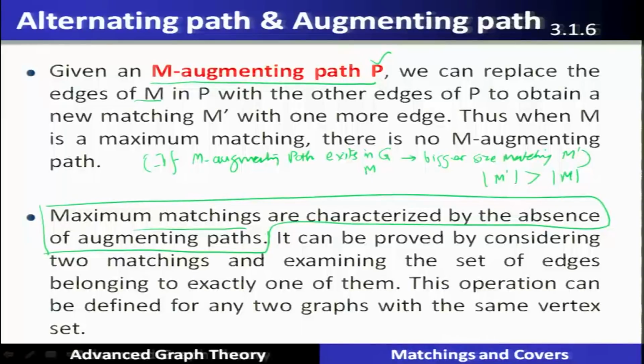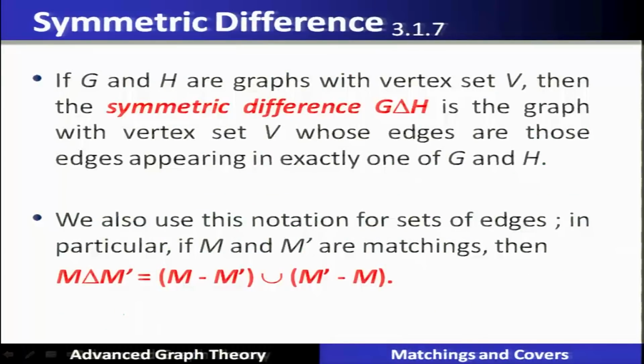Now, we can prove it by considering two different matchings and then examining the set of edges belonging to exactly one of them, and this particular operation can be defined for any two graphs with the same set of vertices, which we are going to see now. That operation is called a symmetric difference.